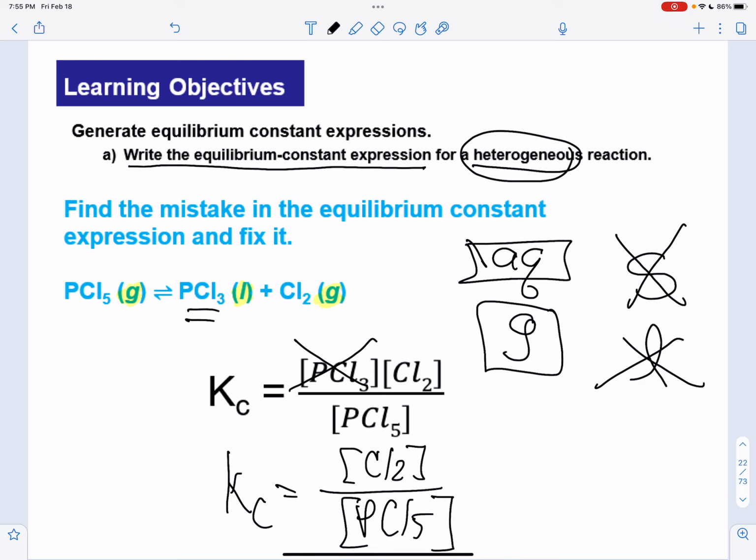So once more, equilibrium expressions do not include solids or liquids. They only include aqueous solutions, molarity, concentrations, or pressures. And that's why we have Kc for concentrations, aqueous, or Kp for pressures. Kc for concentration, Kp for pressures.